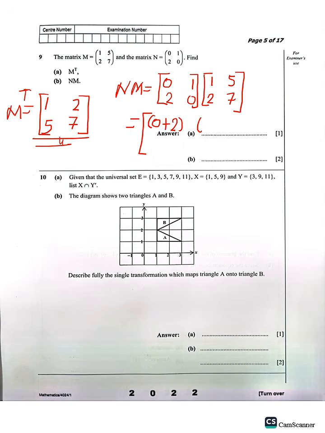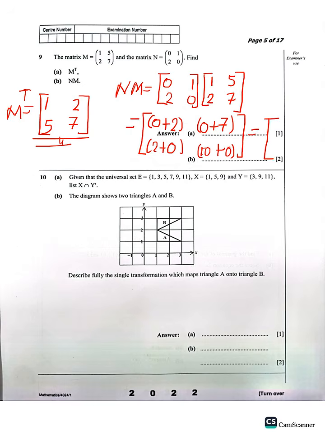Then we go to the second column. 0 times 5 is 0, plus 1 times 7 is 7. Then we move on to the row number 2. 2 times 1 is 2, plus 0 times 2 is 0. 2 times 5 is 10, plus 0 times 7 is 0.